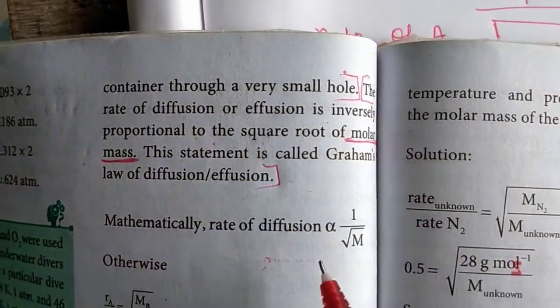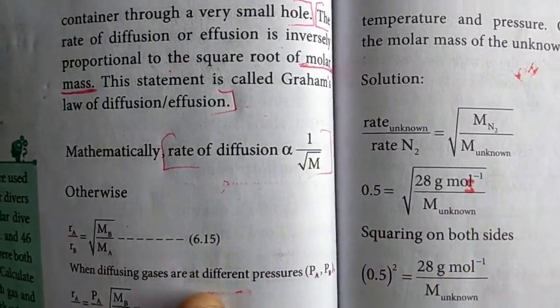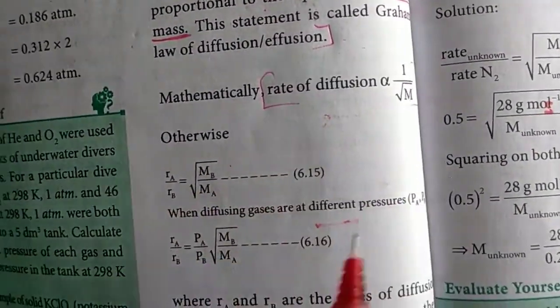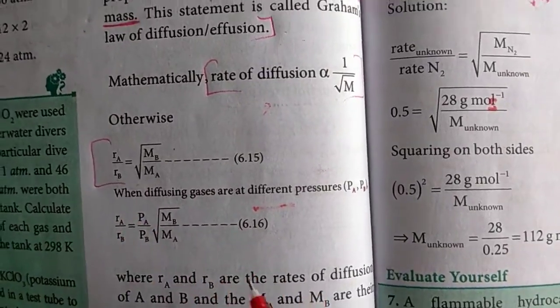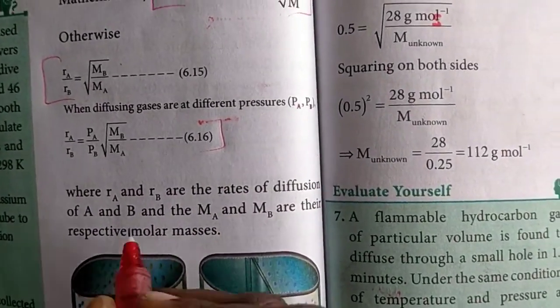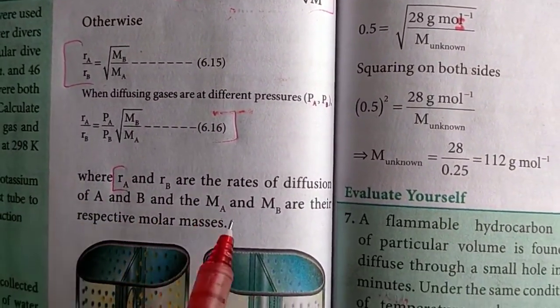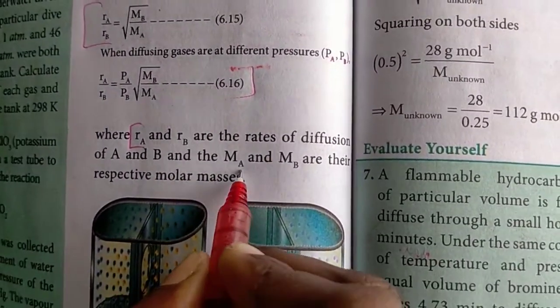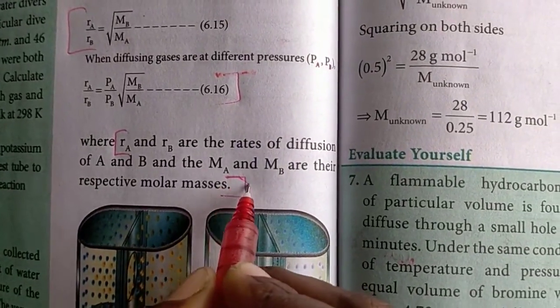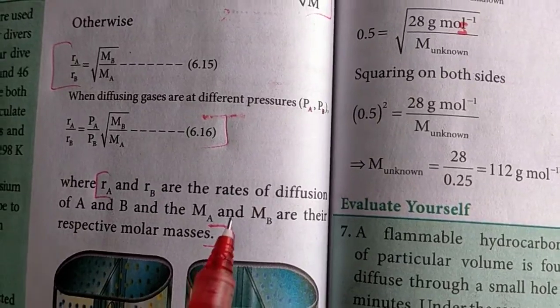Up to here you mark it, then mark rate of diffusion is 1 by root M, then write it for two gases. Mark up to here. So this is the answer for Graham's law.